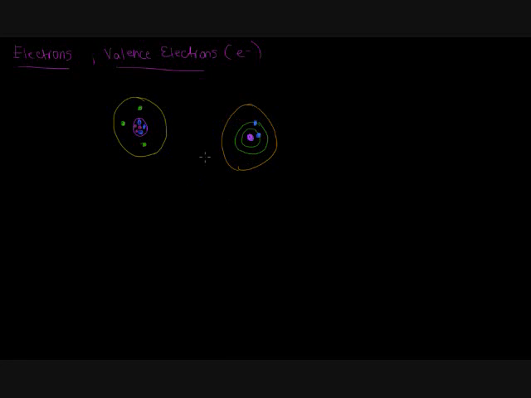Now, the term valence electron refers to the electron that is at the outermost shell, okay? So I'm going to write that right here. Valence electrons equal the electrons at the outermost level of the atom.